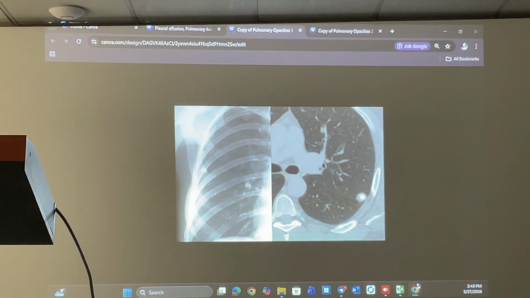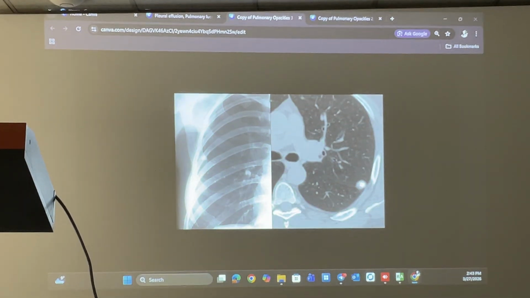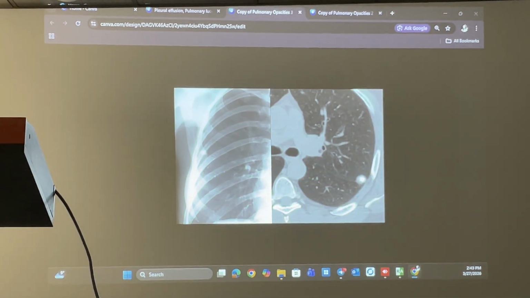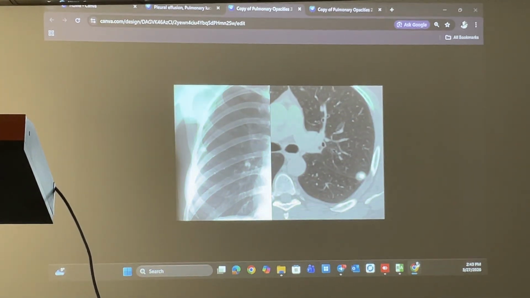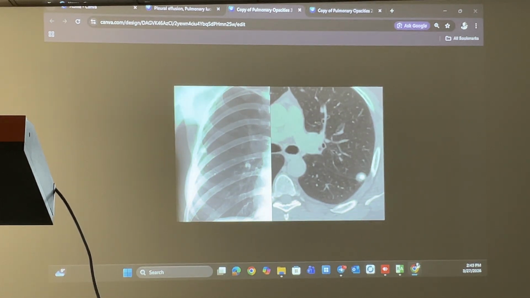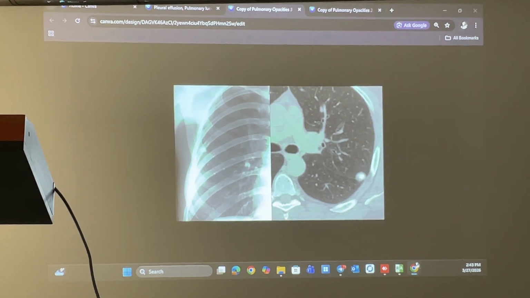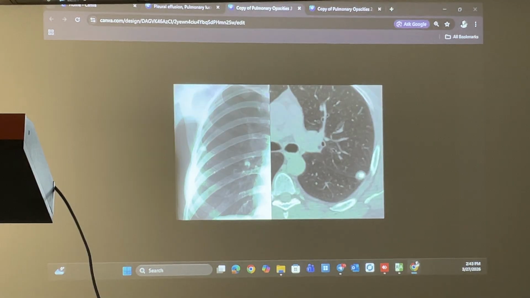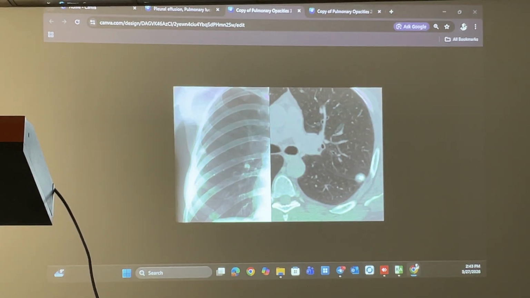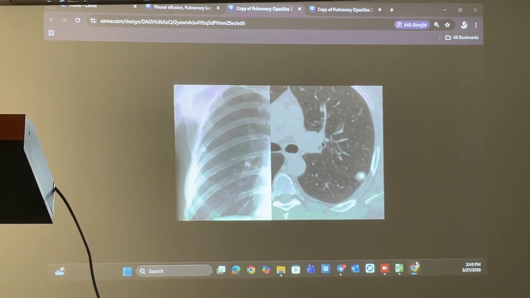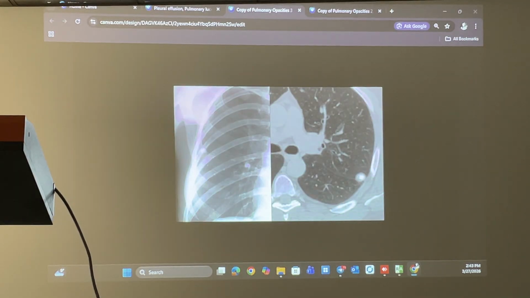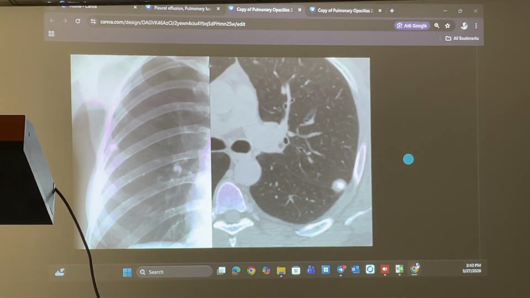Which one is benign? Is it solid? Is it subsolid? Or ground glass opacification? And what type of disease can be seen with this type of calcifications?